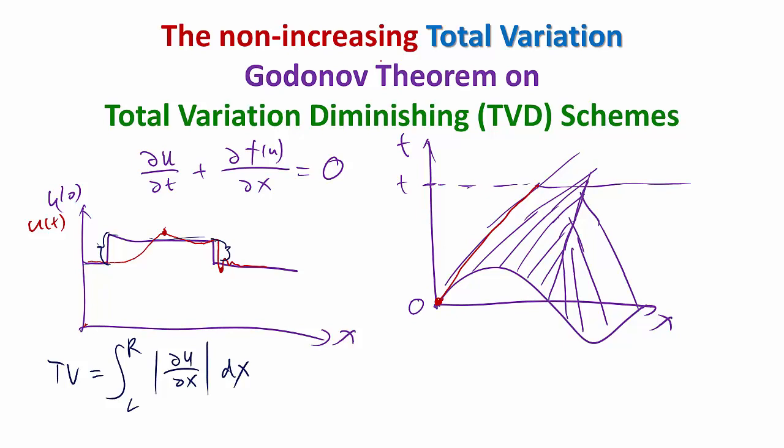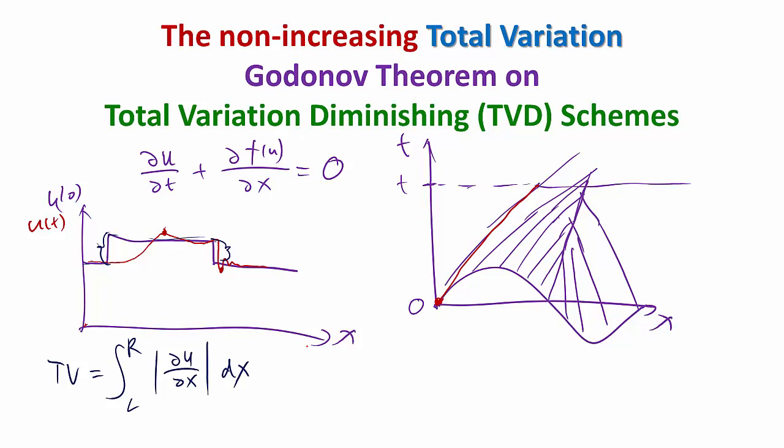The theorem on total variation is that for a scalar conservation law, I mean, it doesn't work for systems of conservation laws, but it works for a scalar conservation law, the amount of total variation as you evolve the solution forward in time should not increase. Actually, it should not change if you have a continuous solution.